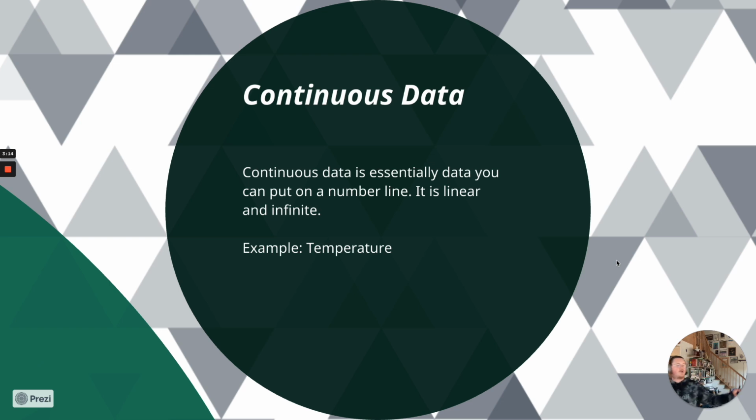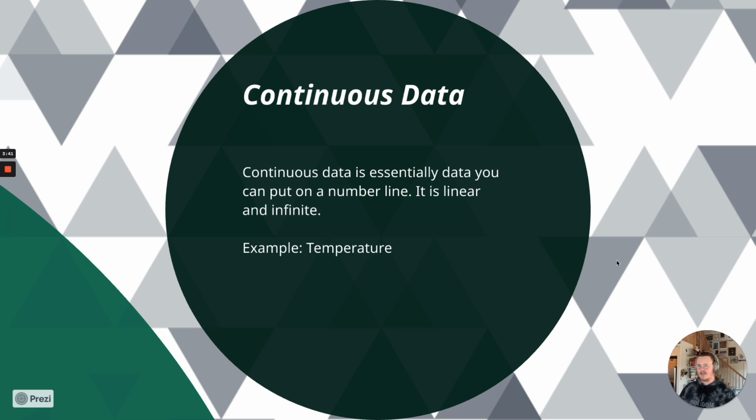But you say it's 34 degrees, when really it's like 34.7281. You know what I mean? I can get really precise with that. And that's what we mean by continuous data: there are no jumps or skips between things. You can get as nitpicky as you want with how detailed that can get. So that's continuous data.